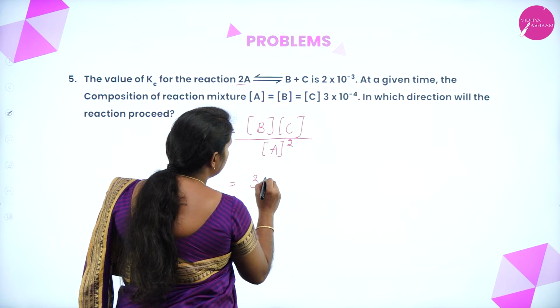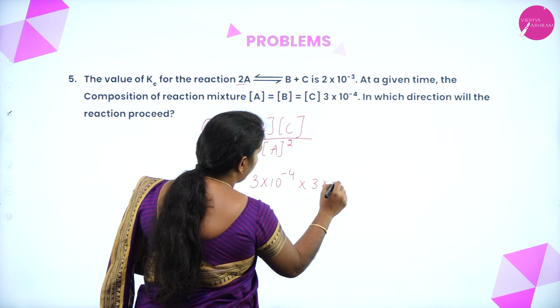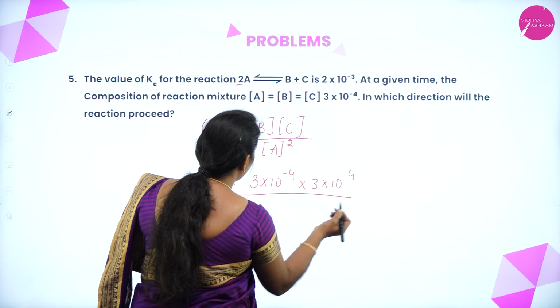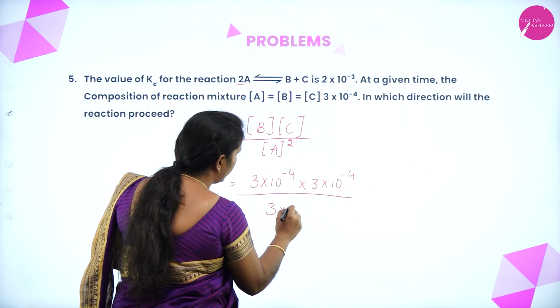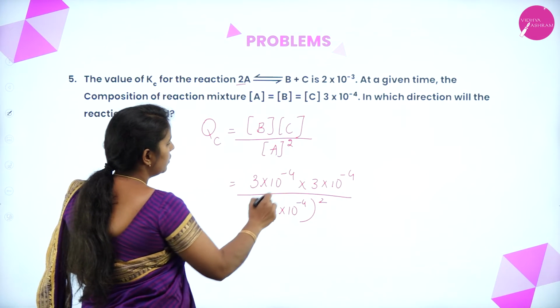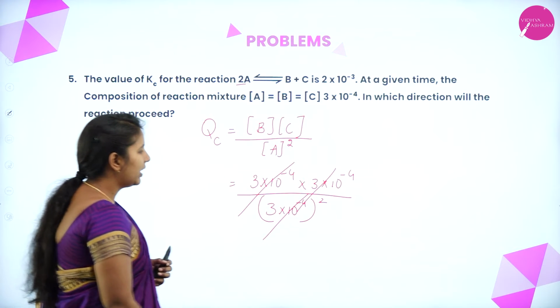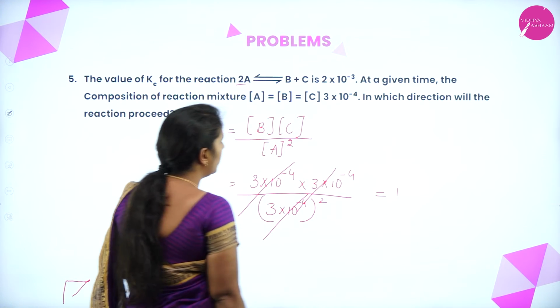So I'll write 3 into 10 to the power of minus 4 into 3 into 10 to the power of minus 4, divided by 3 into 10 to the power of minus 4 whole square. Correct now? So 3 into 10 to the power of minus 4 and 3 into 10 to the power of minus 4 will get cancelled with each other, and it is equal to 1.